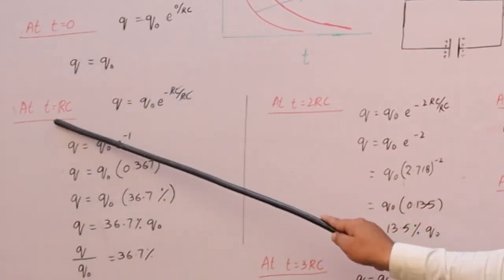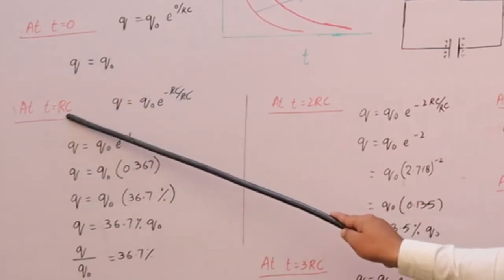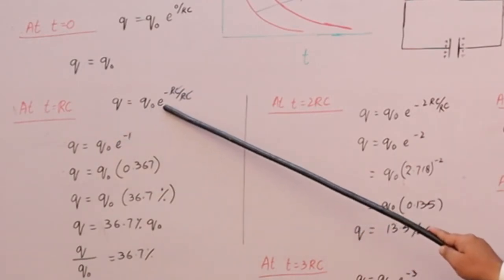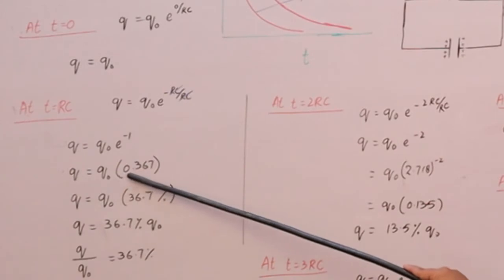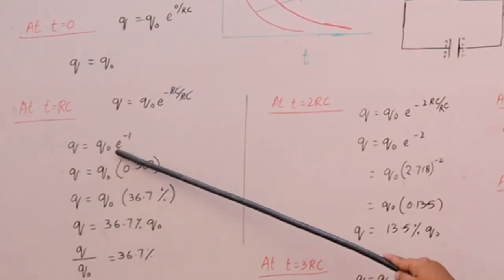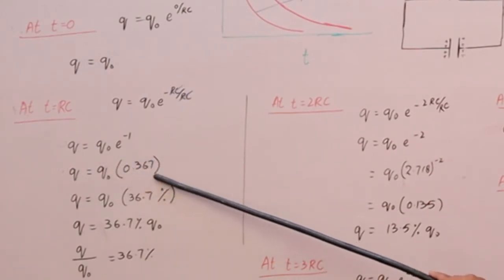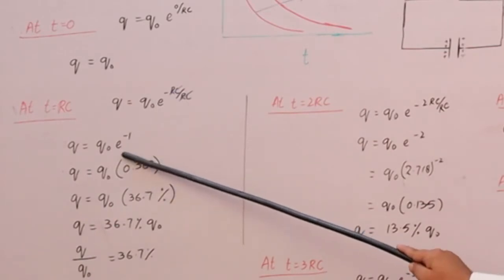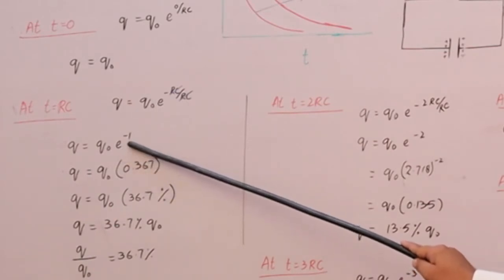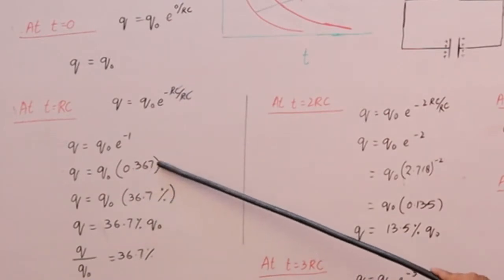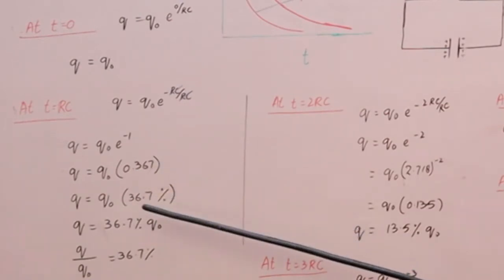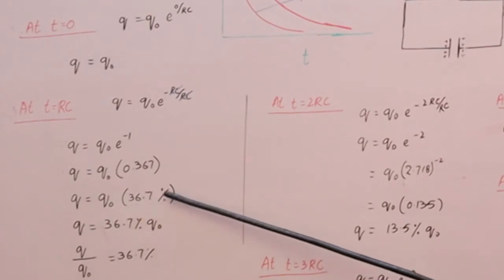And when one time constant is passed, at t equals RC, Q equals Q naught e power minus RC divided by RC, e power minus 1. After solving this e power minus 1, we get 0.367. Directly go to the calculator and put e power minus 1. You will get 0.367 as the answer, and multiplying this by 100 and dividing it by 100, we get 36.7%.